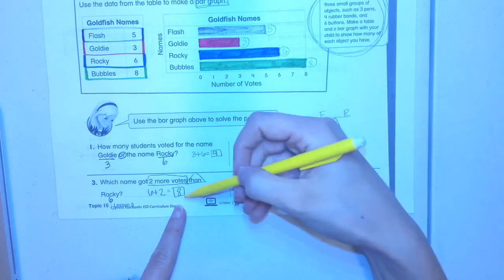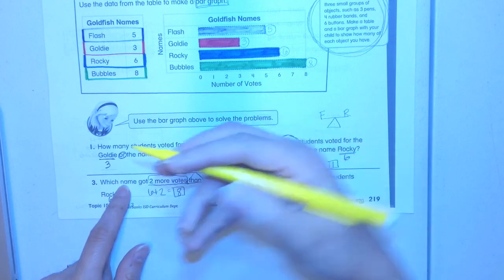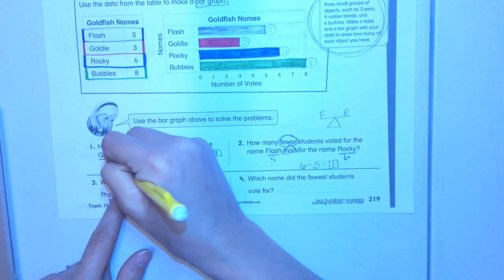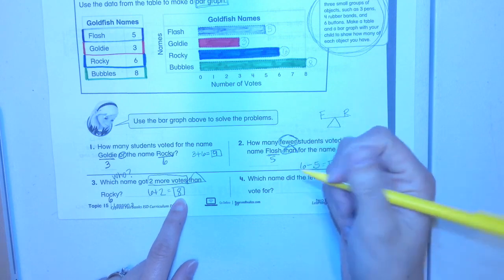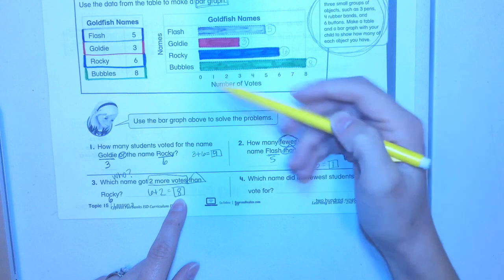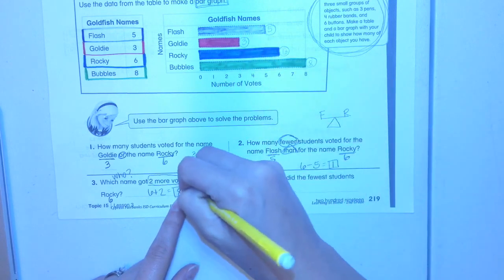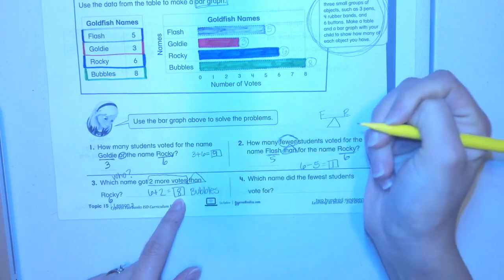Now, they're not asking you for what 6 plus 2 is. They're asking you for which name. That's the who. Who is it? Okay, so now I need to figure out who has 8 votes. So I'm going to go up here and look for 8. Oh, look, Bubbles. So my answer is Bubbles, not 8.